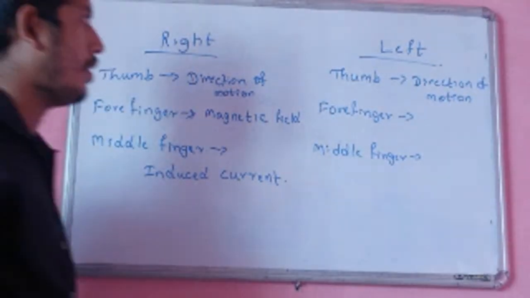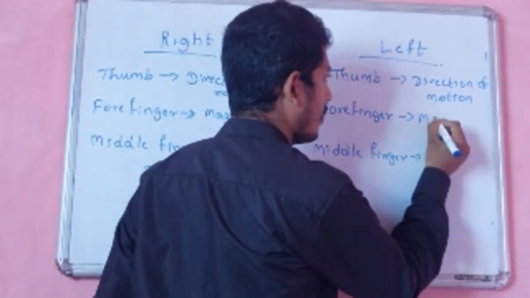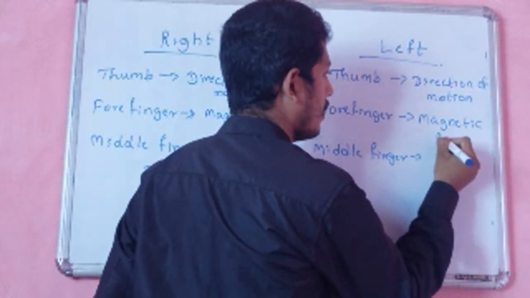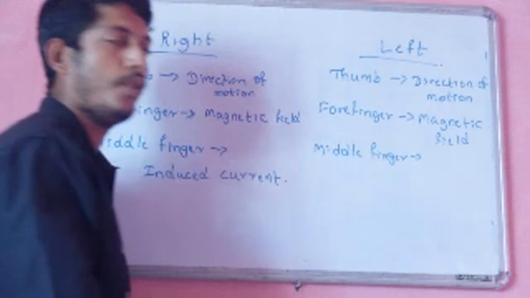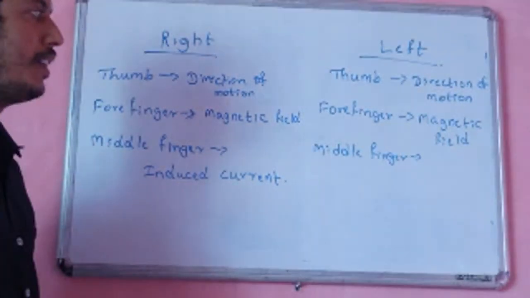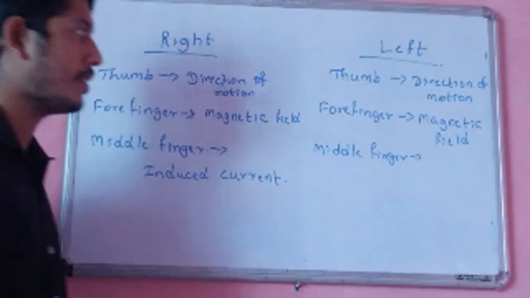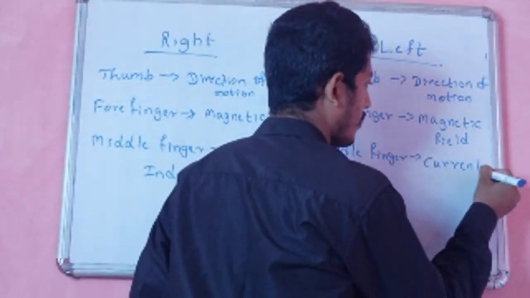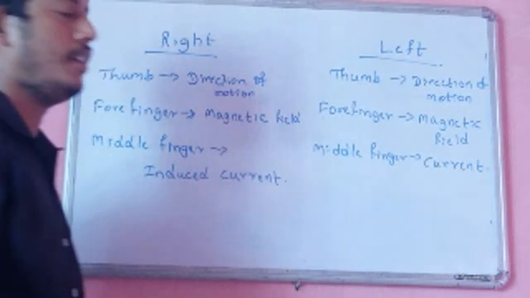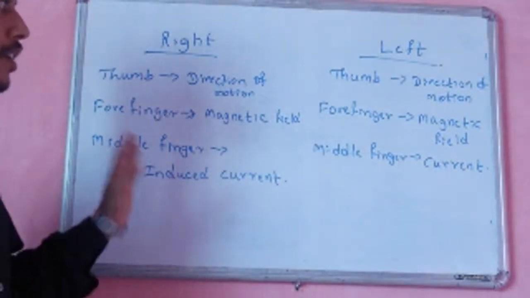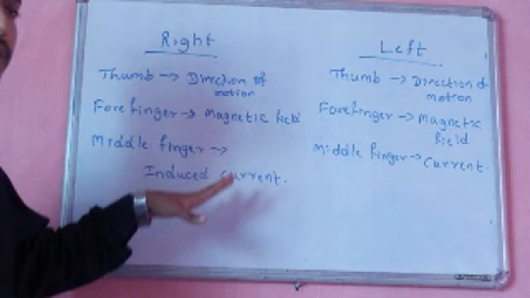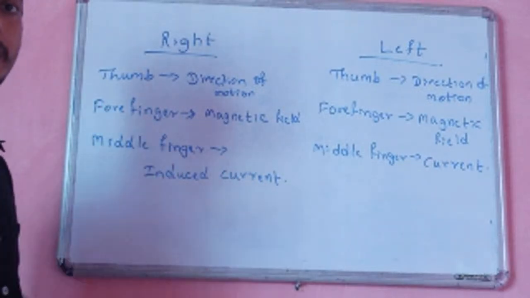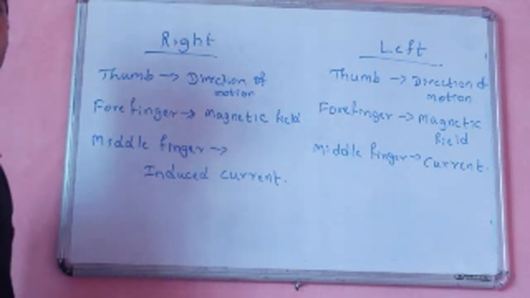Then the forefinger represents the magnetic field, and the middle finger represents current. So the representation of these three fingers is the same, but the arrangement of the fingers is different.